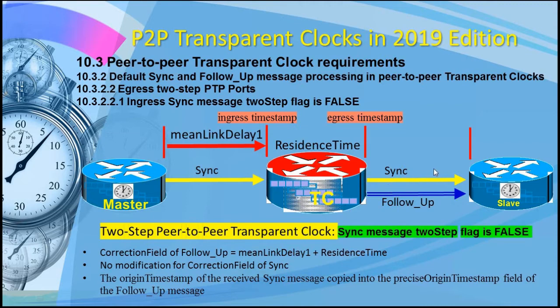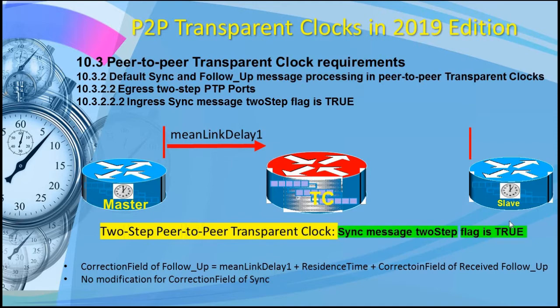For the sync message, no modification. The origin timestamp of the received sync message will be copied to the follow-up message. This is the first scenario for the two-step TransparentClock.